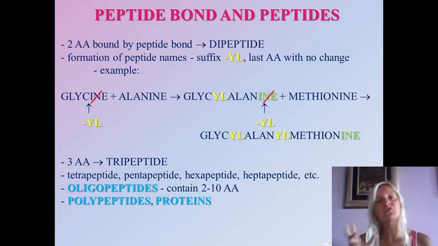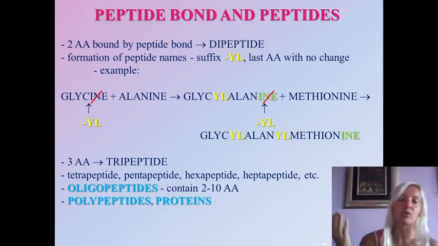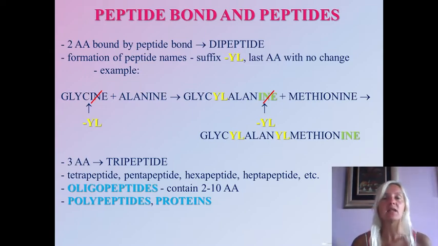If you polymerize 3 amino acids in a sequence, then we get tripeptides. If you combine 4 amino acids, they form tetrapeptides. And we can continue the sequence: pentapeptides, hexapeptides, heptapeptides, octapeptides, etc. We can also introduce one new term, which is oligopeptide.